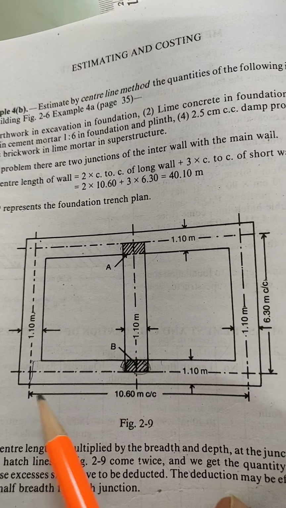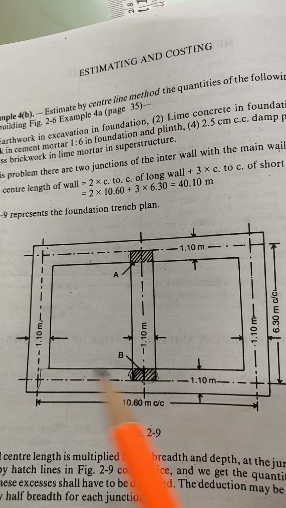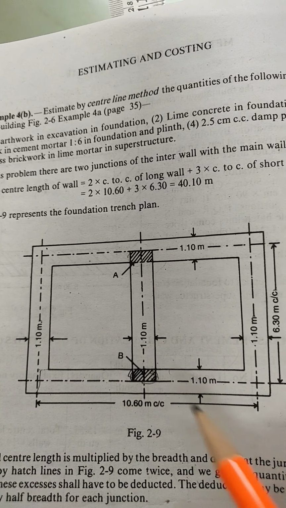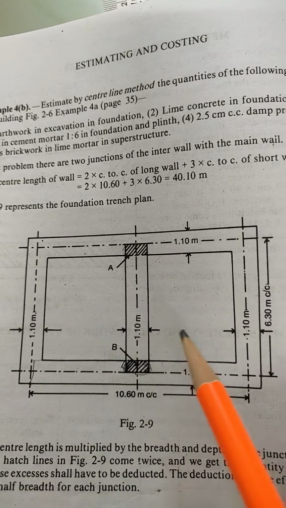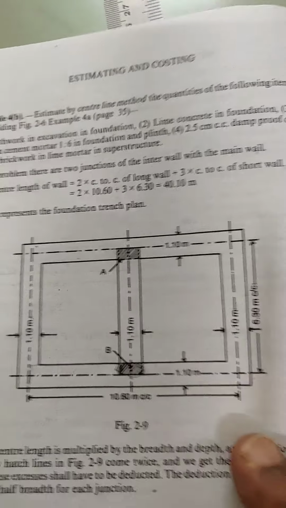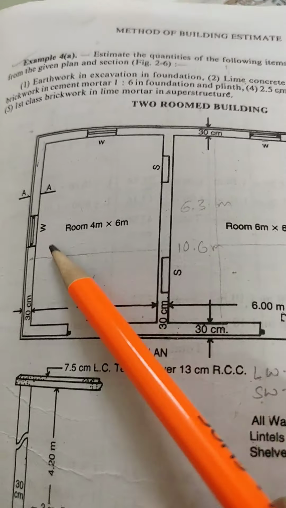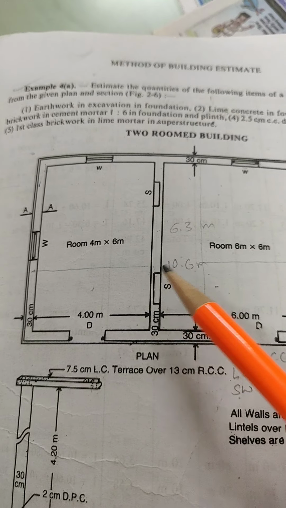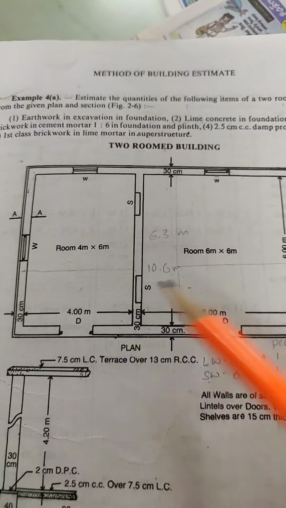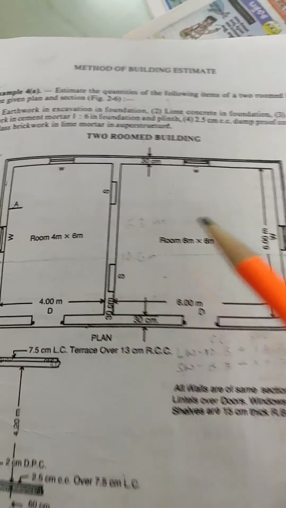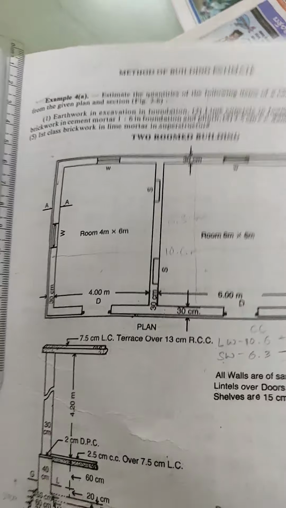So the total distance center to center of the long wall is 10.6. You can refer to that drawing here. This is 4 meter plus 0.3 plus 6, that is 10.3, half of this and half of this, so 10.6.